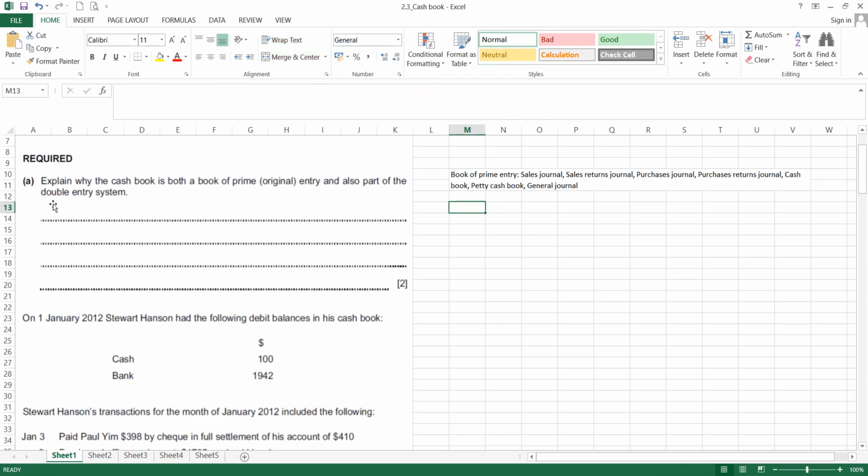Okay. So why does the cash book perform the 2 roles, book of prime entry and also the double entry?